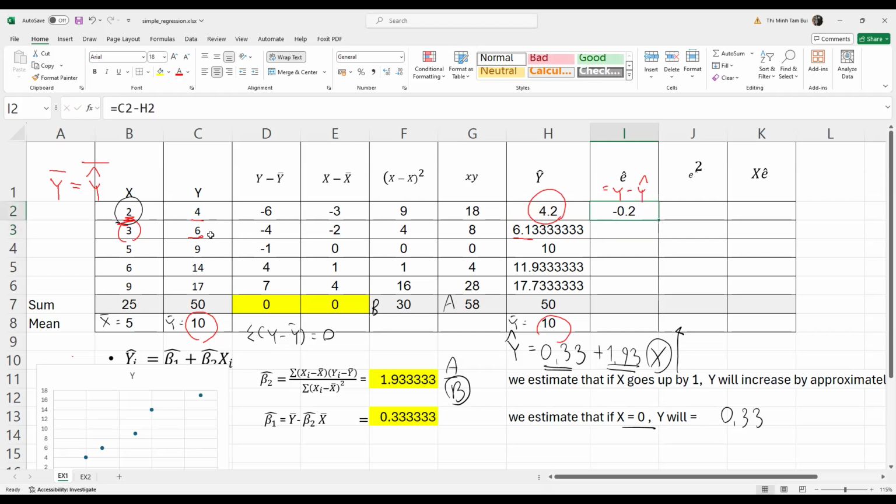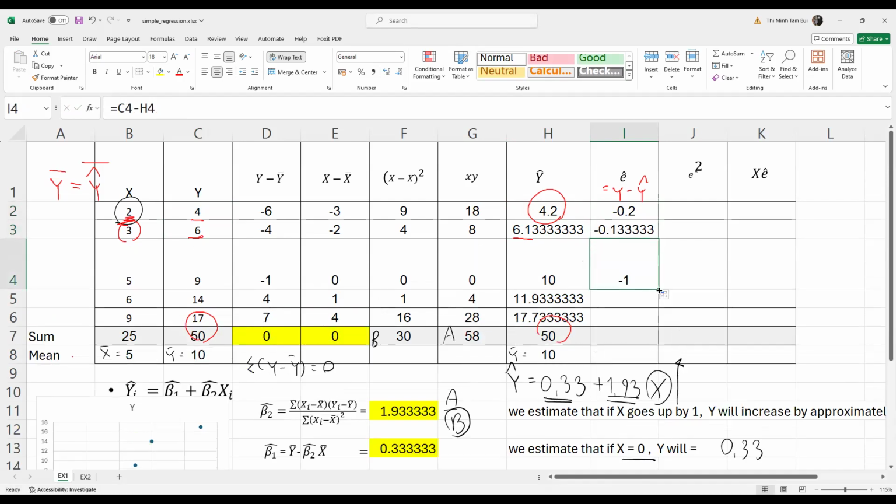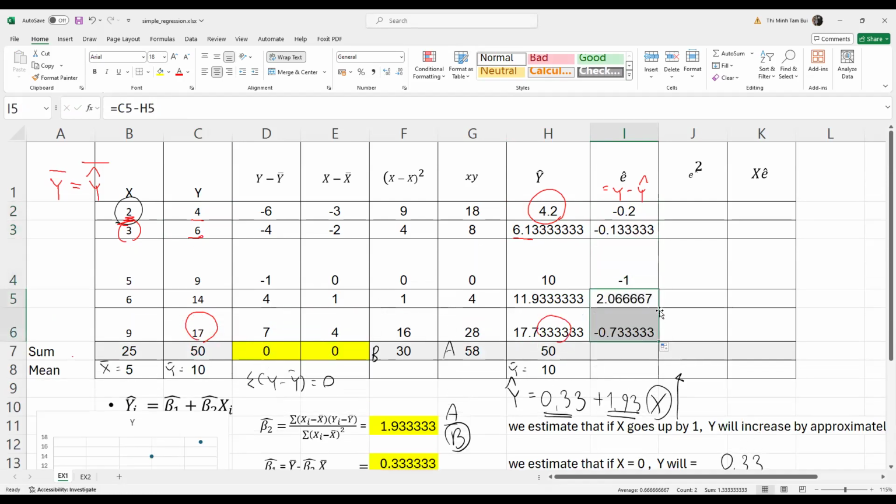Then the real data is 6, but our forecast is 6.13, so again we have a small fraction of error. Error, error, and then error.